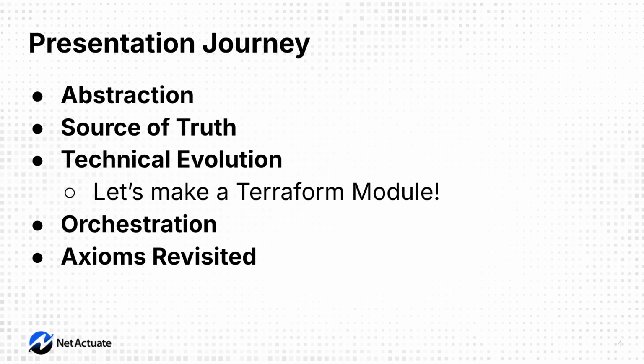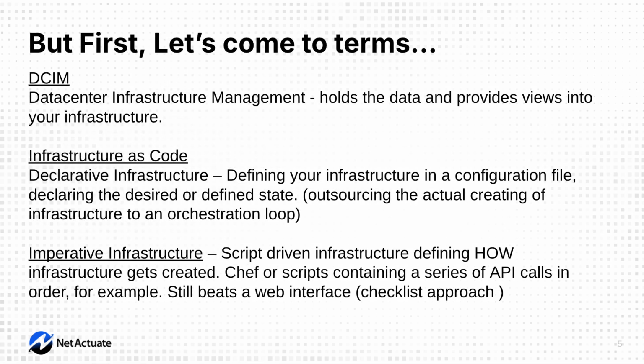And when we can trust this truth, it allows us to orchestrate not only infrastructure, but service configuration, which allows room for a Terraform module. We're going to get into how to orchestrate both into and out of your source of truth, and wrap it up with some DevOps philosophies to end. But first, let's come to terms.